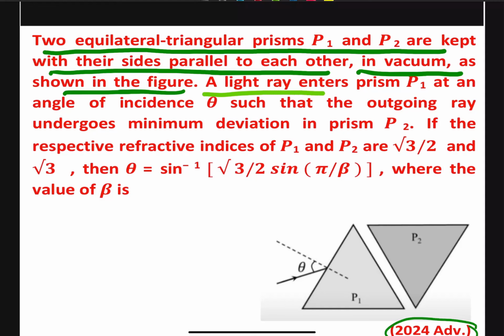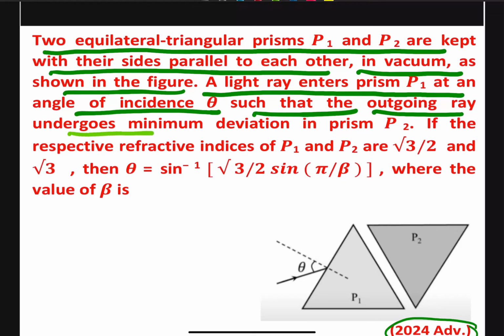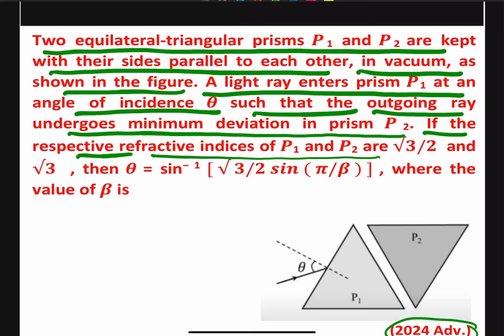A light ray enters prism P1 at an angle of incidence theta such that the outgoing ray undergoes minimum deviation in prism P2. If the respective refractive indexes of P1 and P2 are square root of 3 by 2 and square root of 3, then theta is given to us by sine inverse of square root of 3 by 2 sine of pi by beta, where the value of beta is. So we have to find out the value of beta.